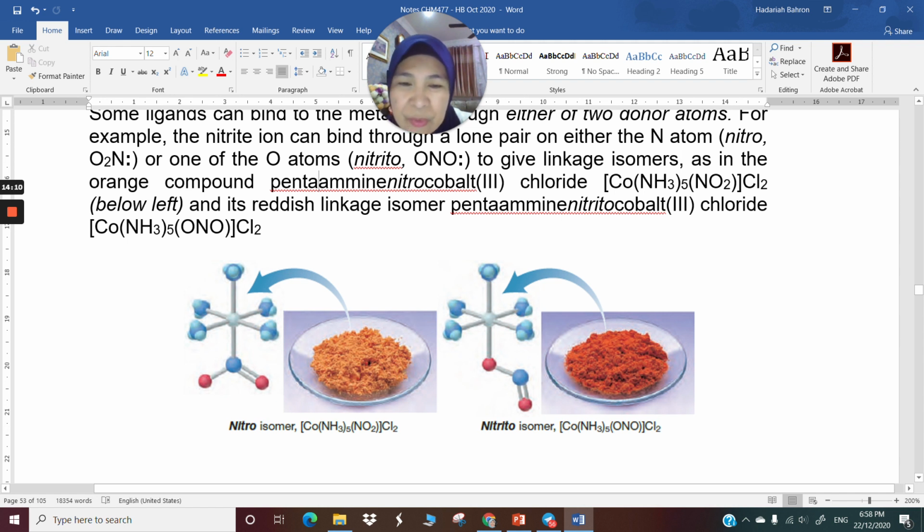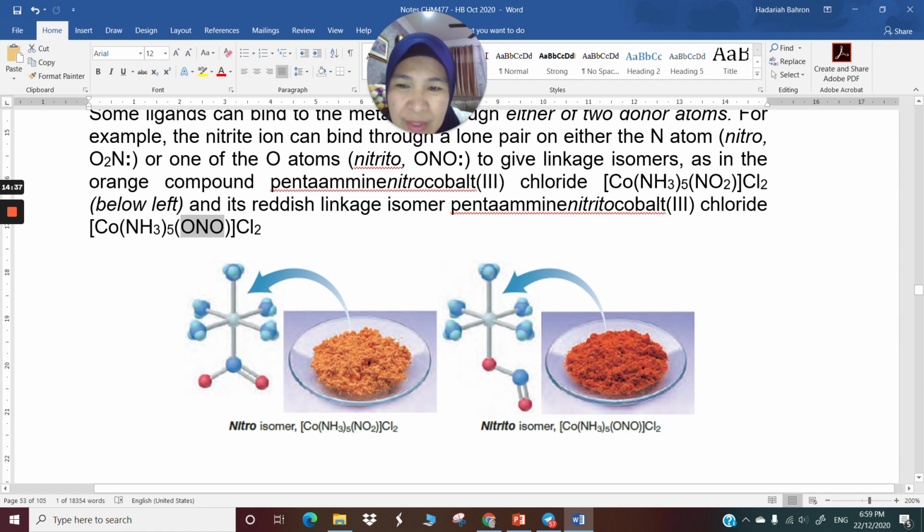It's called nitro. But the same ligand, NO2, can attach through the oxygen like this. This is the oxygen, and this is called a nitrito. This is called pentaamine nitrito cobalt 3 chloride. And the ligand is no longer written as NO2, it is ONO now.